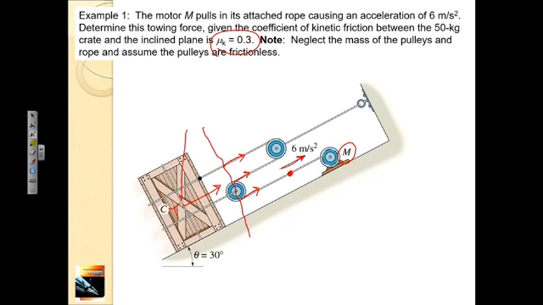We've got 50 kilograms times gravity, some mass coming down. I've got a normal force, and I've got friction. The crate is sliding up the hill because the ropes are getting shorter. So friction is opposing motion. Oh, that's our free body diagram.